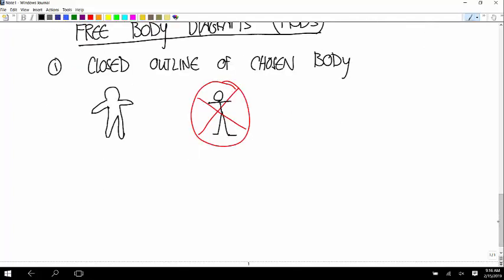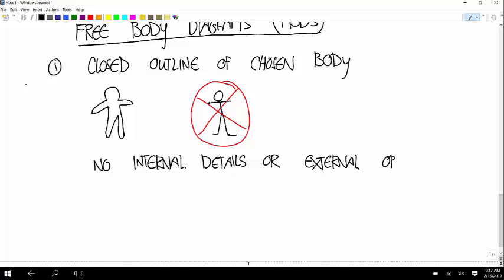And there should be no internal details or external objects. So, ooh, this car looks fast.